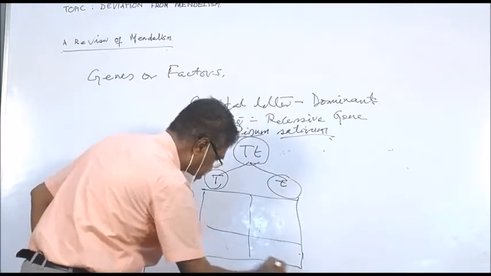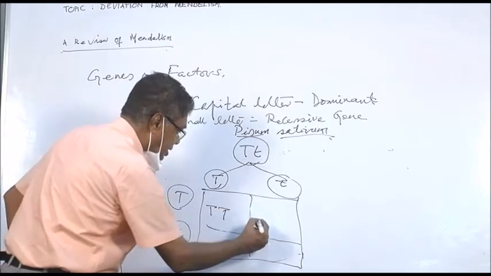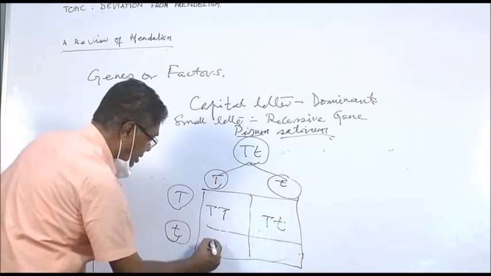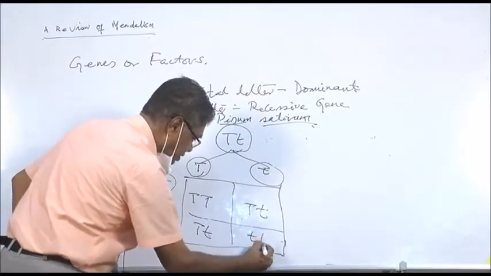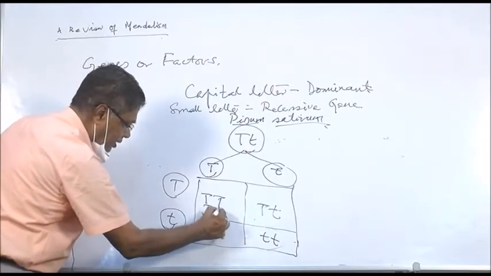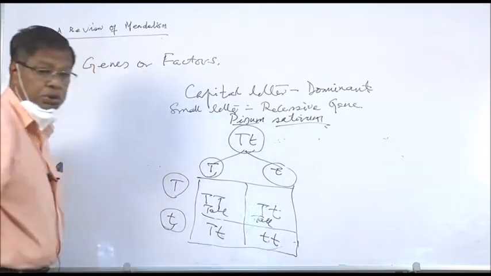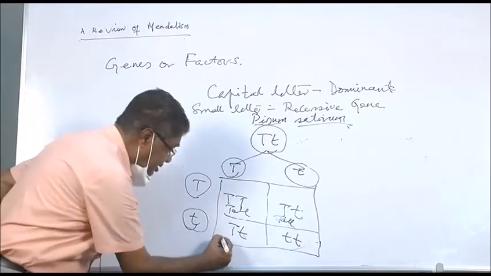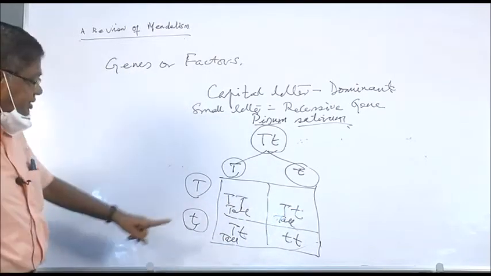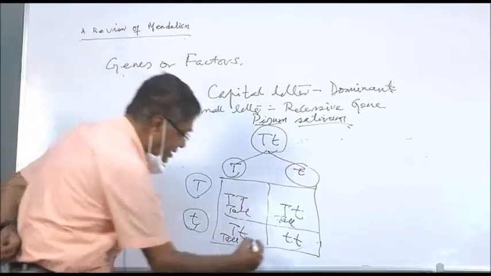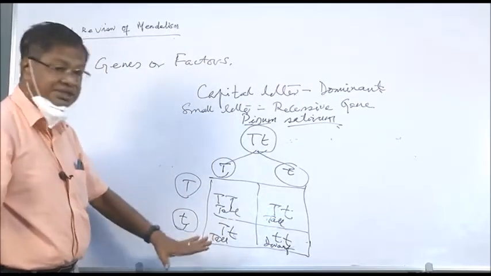A combination of these gives capital T capital T, capital T small t, capital T small t, and small t small t. The first is tall because there are two dominant genes. The two with one dominant and one recessive gene are tall again. The last is dwarf because it has only recessive genes.